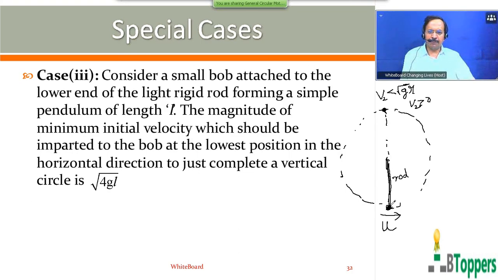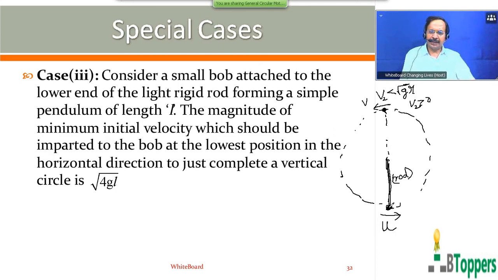So because the bob is attached to the lower end of a light rigid rod which does not become loose at any instant during the motion, to complete a vertical circle, the only thing needed is that the velocity of the bob when it reaches the highest position should be greater than 0. If it is able to cross the highest position even with negligible velocity, it can complete a vertical circle.